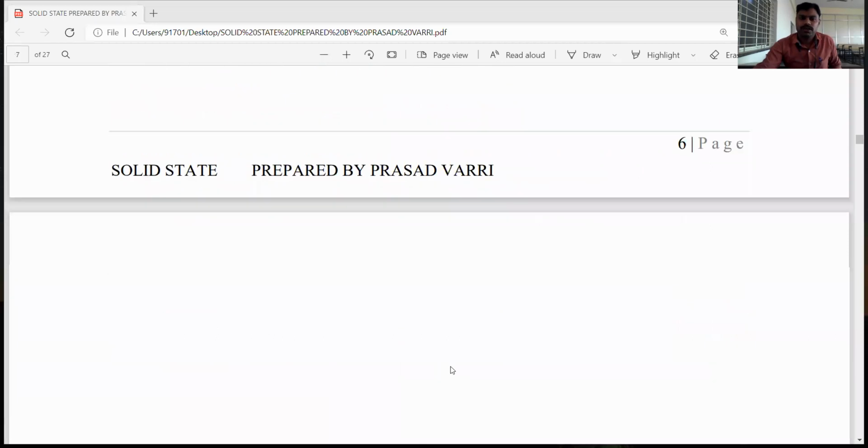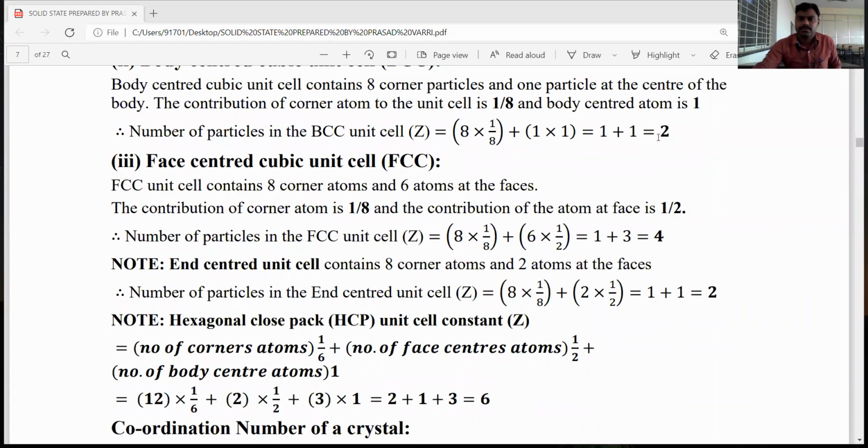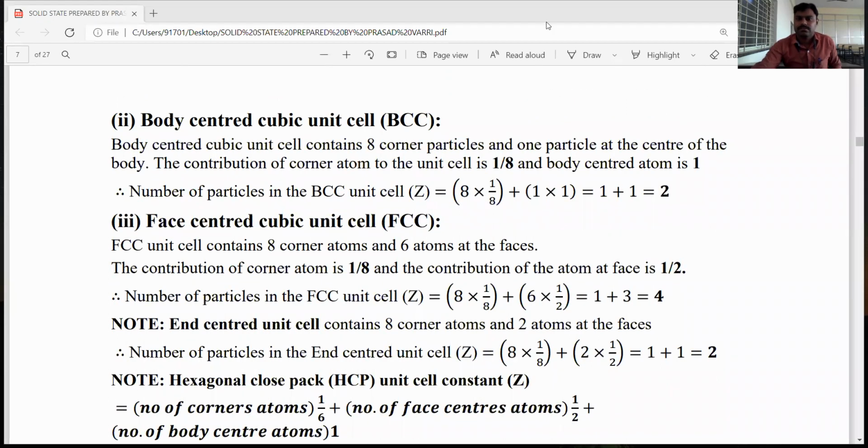Okay, let's go for the next, dear students. Body centered unit cell. Just imagine the body centered unit cell structure. In the body centered unit cell, the atoms are present at corners. There are 8 corners, as well as an atom present at the body center.